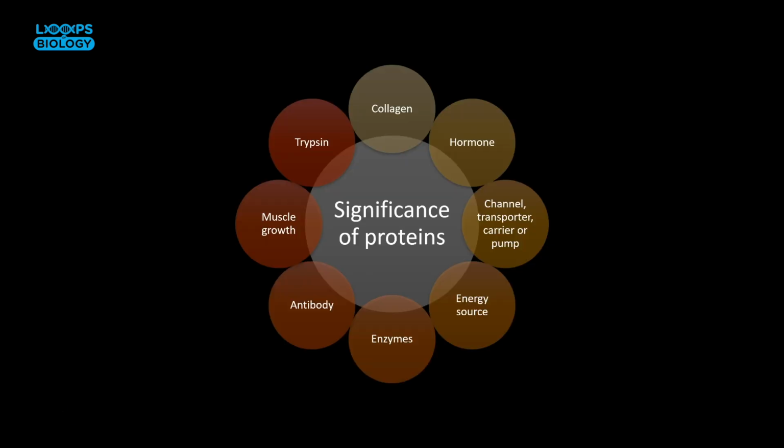Let's move on to the significances of protein, guys. In the significances, we are going to see the presence of collagen, which, as we have seen, is an important and abundant protein in the animal world. Then there are some hormones which require cell receptors for their function.